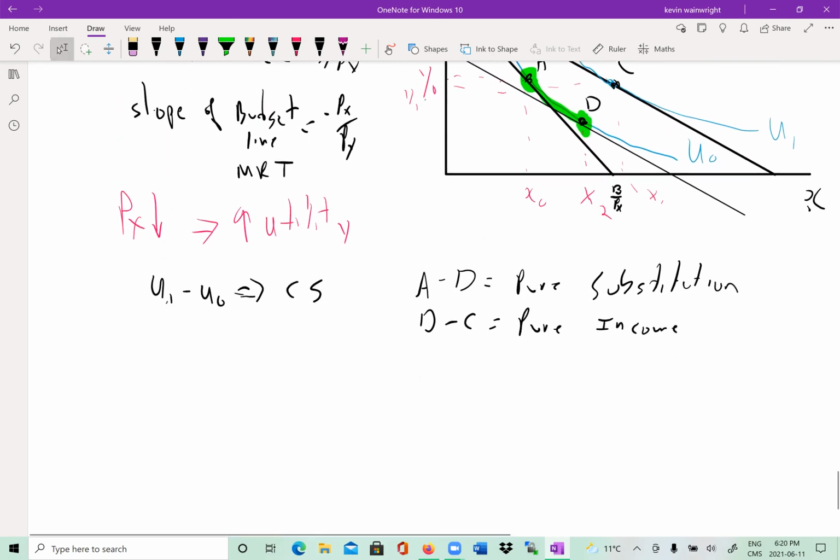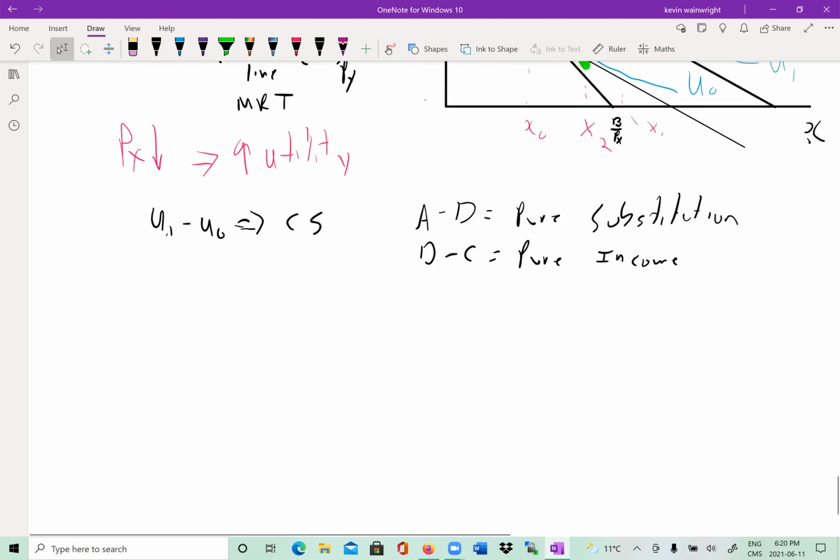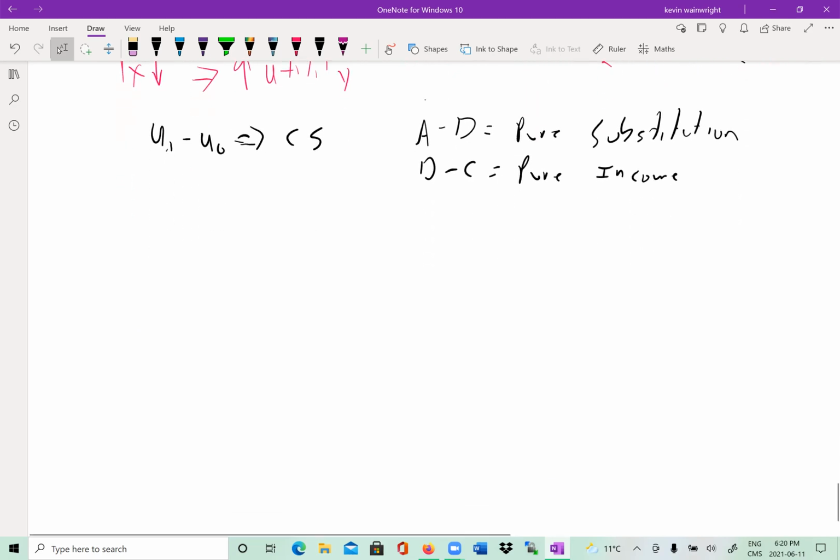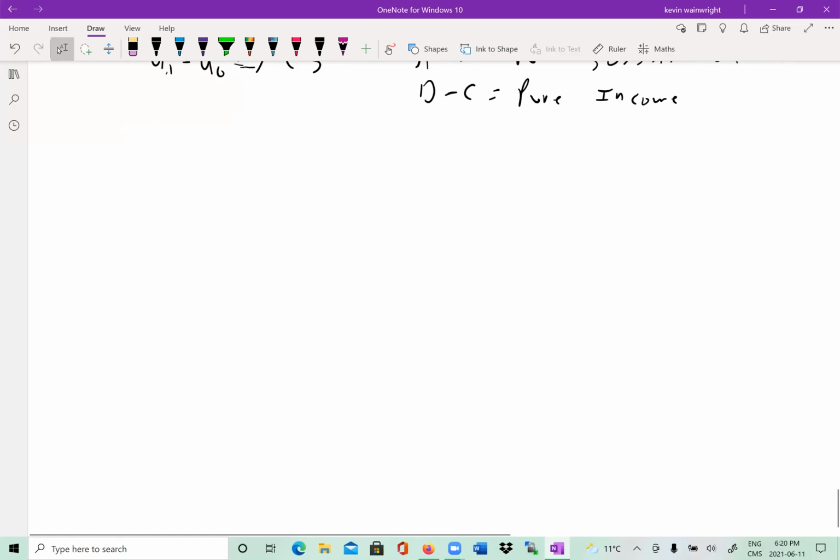I can now buy more and make myself better off. Okay. So what this tells me is that I can measure the willingness to pay in the budget constraint picture.